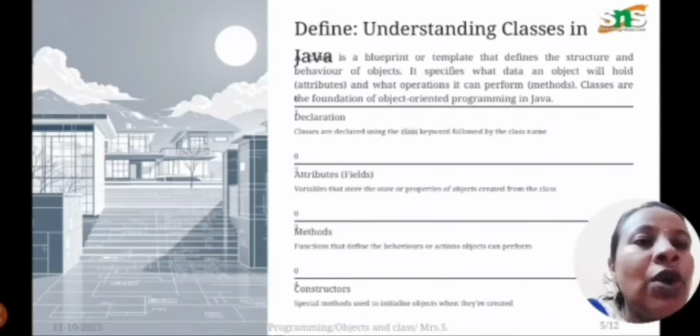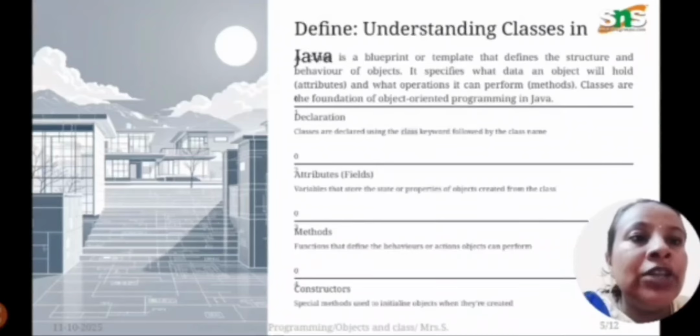Declaration. So how will we declare classes in Java? Classes are declared using the class keyword followed by the class name. So you should declare the class using the class keyword, followed by whatever name you want as your class name.